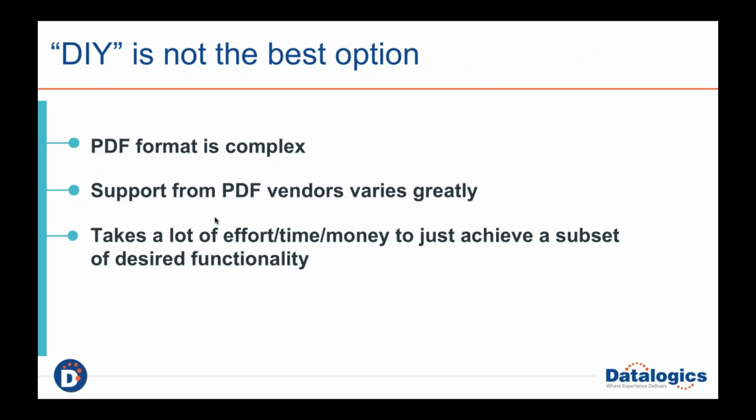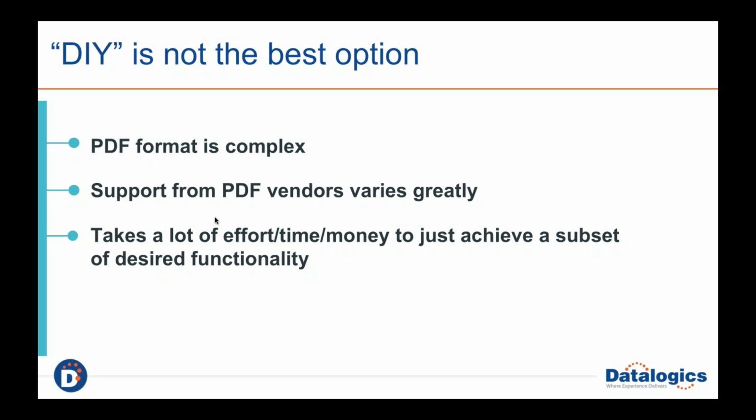So here, when it comes to PDF optimization, the do-it-yourself route is not really the best option. As we talked about before, the PDF format is quite complex, and support between vendors is going to vary dramatically.